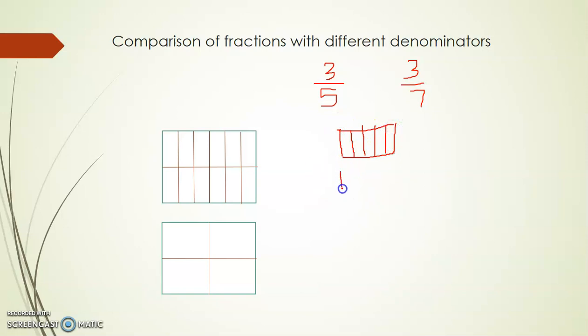Same size ulla fraction then consider cheyana. And we'll divide this into 7 equal parts. So, this is divided into 7 equal parts.